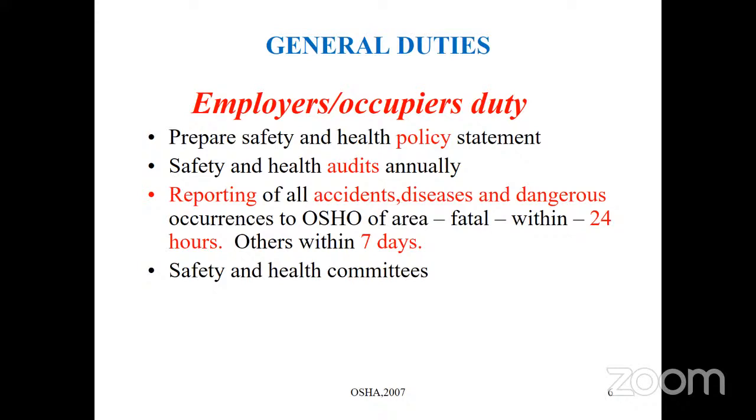And then it is mandatory for an occupier or an employer to set up the OSH committee. The OSH committee members are supposed to be representatives from the management and also from the workers.